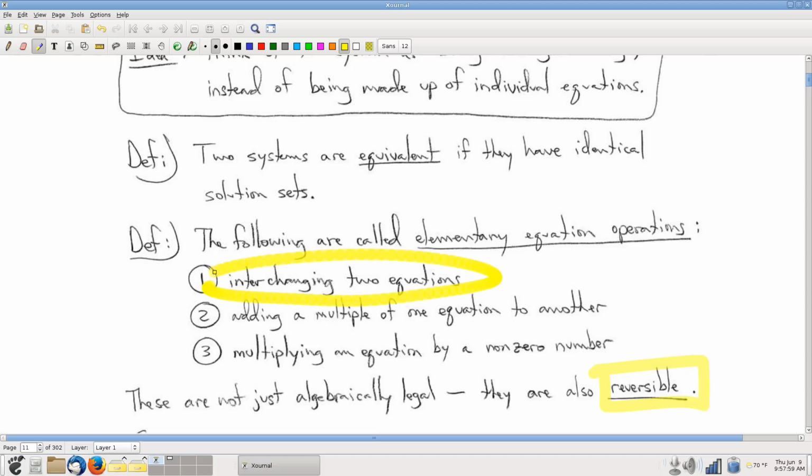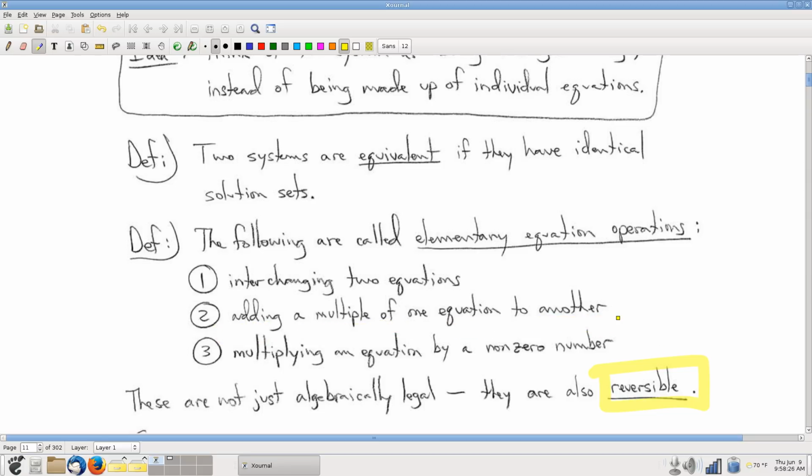If you interchange 2 equations, you can interchange them back. If you add a multiple of one equation to another, you could then subtract that same multiple of that one equation to the other. Right? So anything that you do with an elementary equation operation, you can undo with legal algebra.